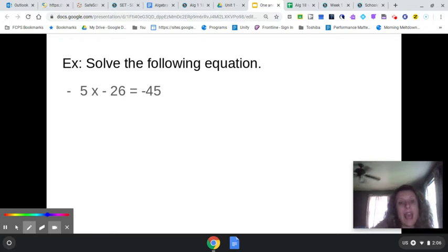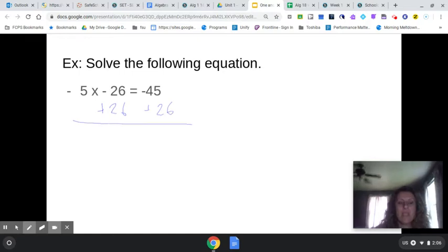So we're going to add 26 to both sides of the equation. -26 plus 26 on that left side makes 0. So those are going to cancel out. On the right side, -45 plus 26, that's going to give me -19.